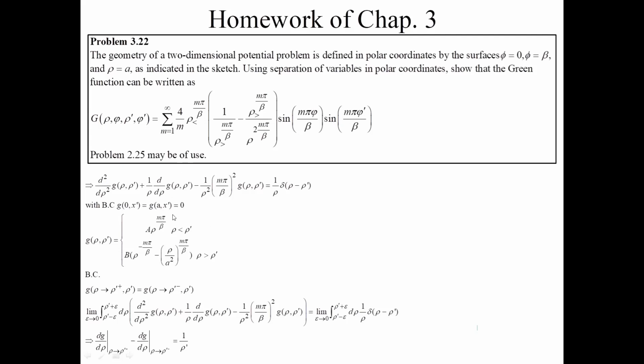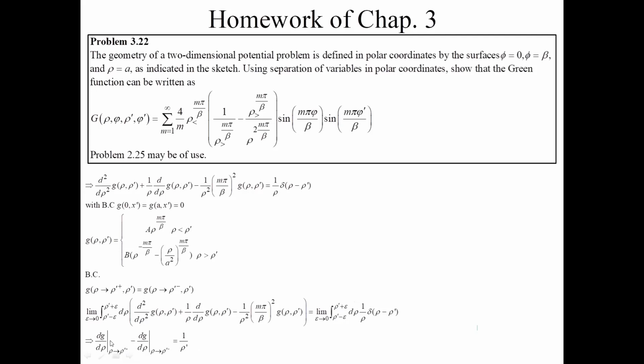Then the general form of our small g function becomes these two, when rho is smaller than rho prime and when rho is bigger than rho prime respectively. Then we integrate this whole formula from rho prime minus epsilon to rho prime plus epsilon to eliminate the delta function.